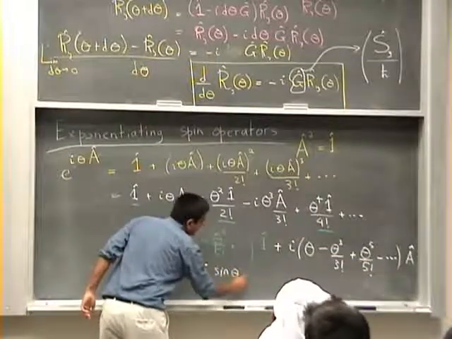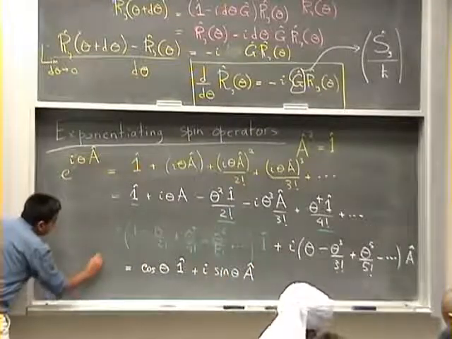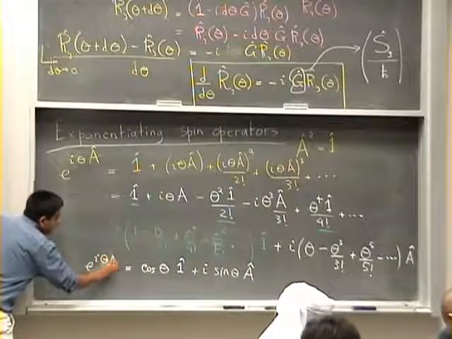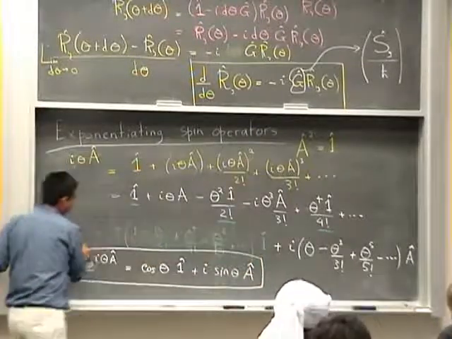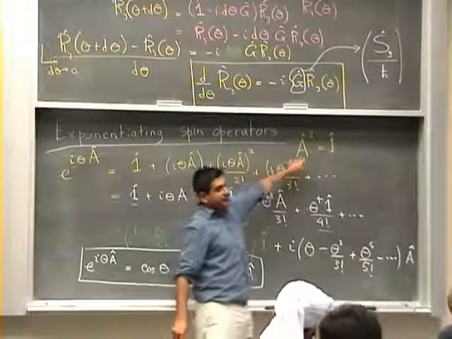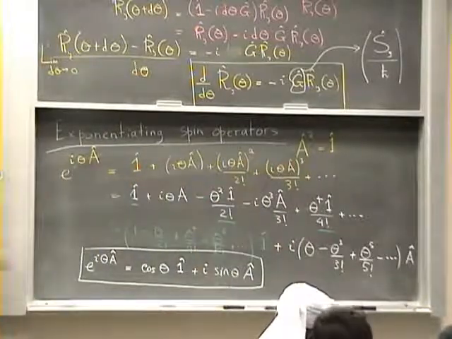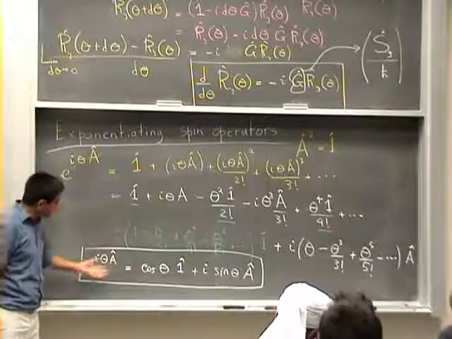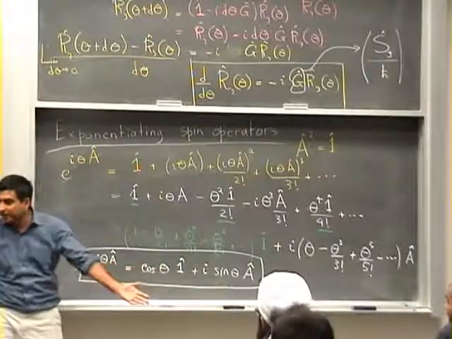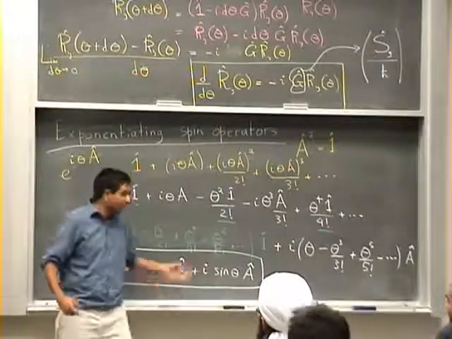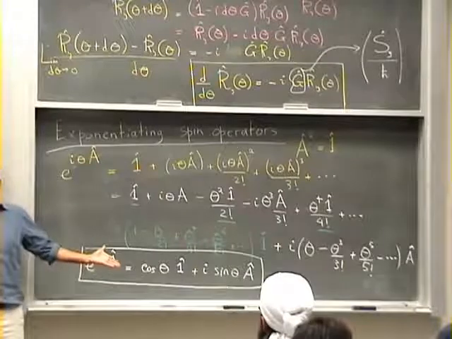Sine theta A. This is E I theta A. So if this property is satisfied, then this exponent equals cosine theta identity, something that is easy to calculate, plus I times sine theta into the operator itself. Everything is very easy to calculate.